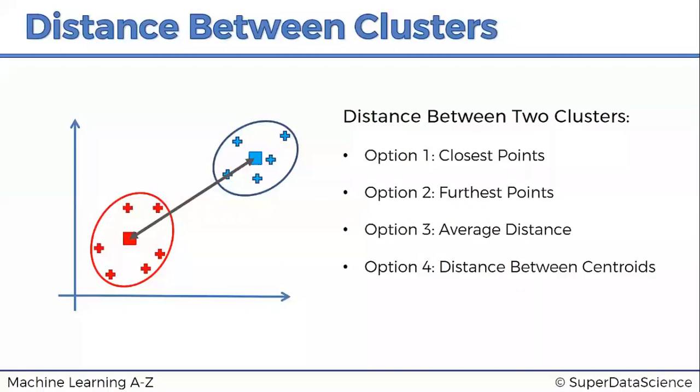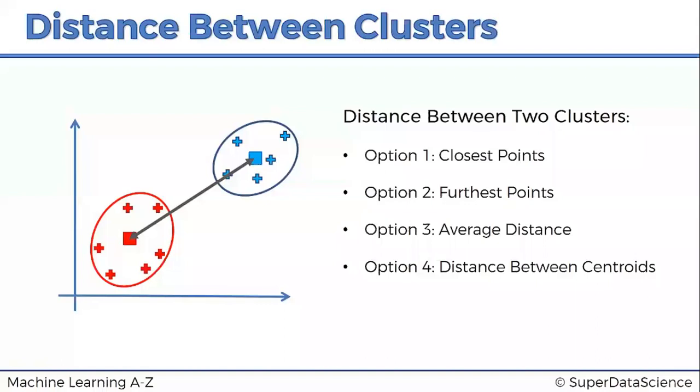It's a very important part of hierarchical clustering, what you define as the distance between two clusters, because that can significantly impact the output of your algorithm. Now, we're not going to delve much deeper into this.